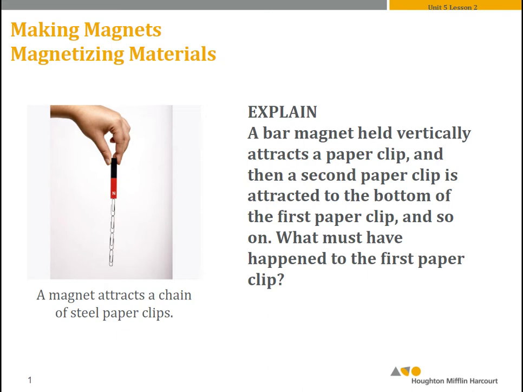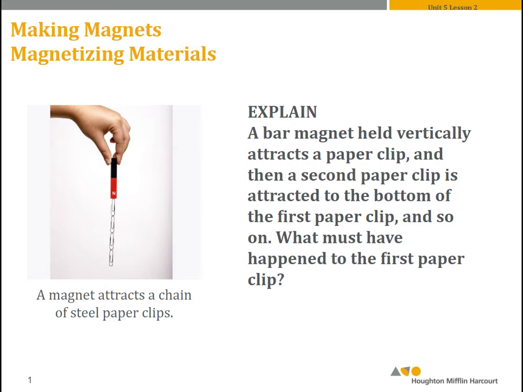The magnetic force would not be strong enough to lift that paper clip from 3 inches away. So why are you able to make a chain of paper clips that extends farther than the field of the magnet would be able to exert a similar attractive force?